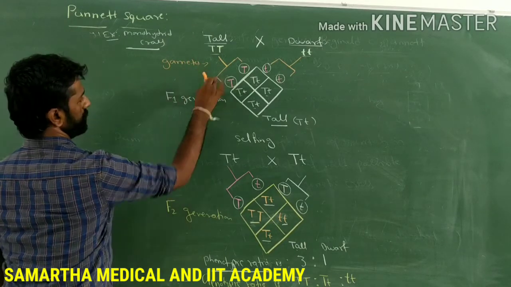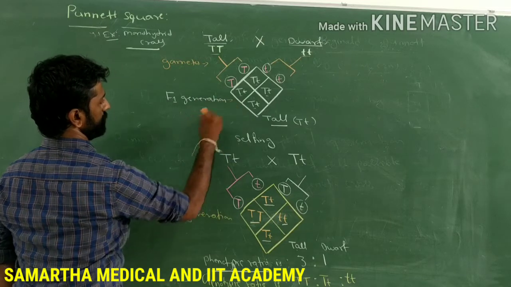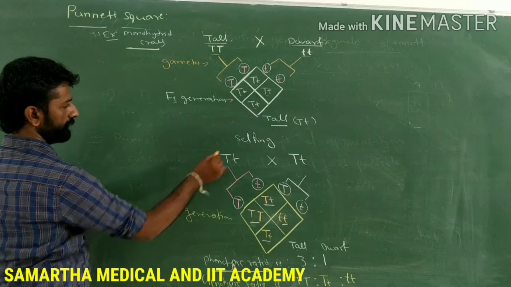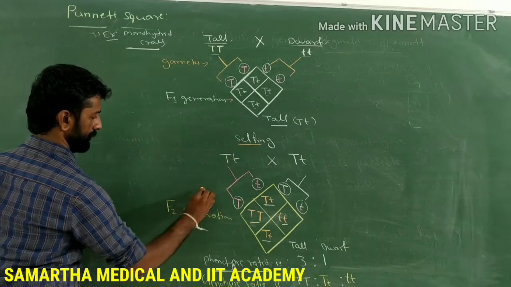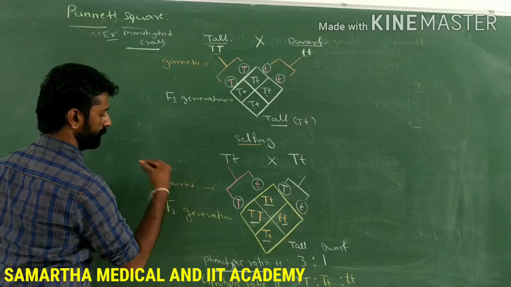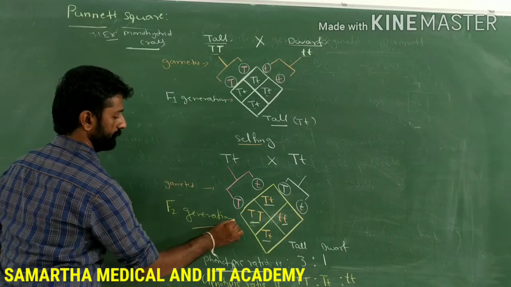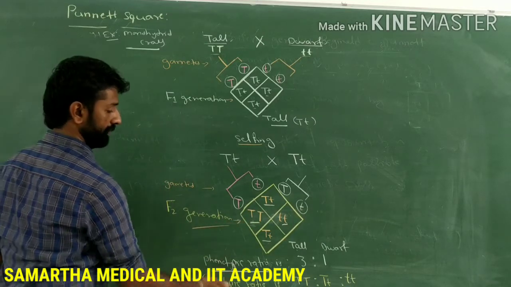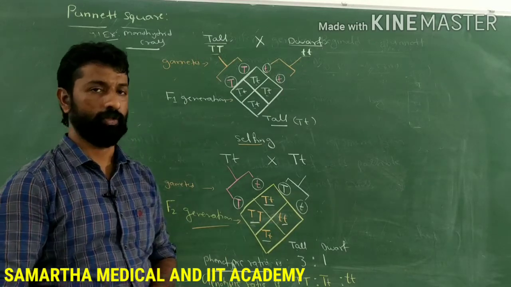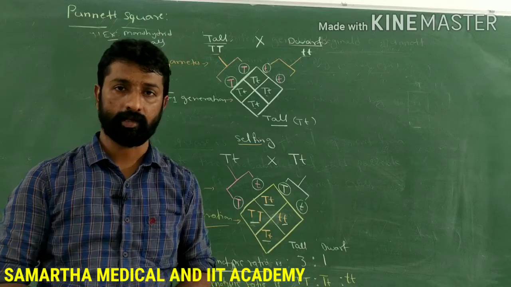So these are the gametes and this is the F1 generation, and here again the selfing takes place, again the gametes are produced from the F1 parents, then the F2 generation, then the phenotypic ratio, and lastly the genotypic ratio. So make a note of this diagrammatic representation now.